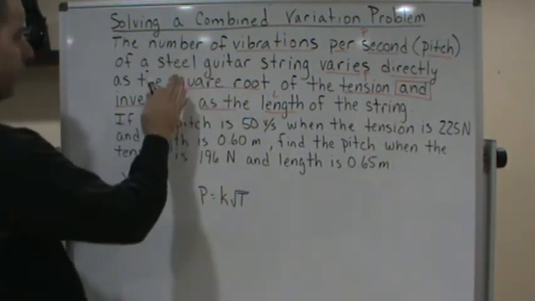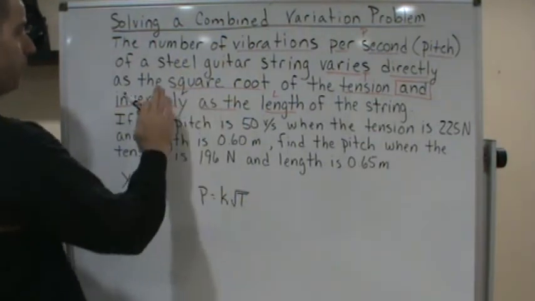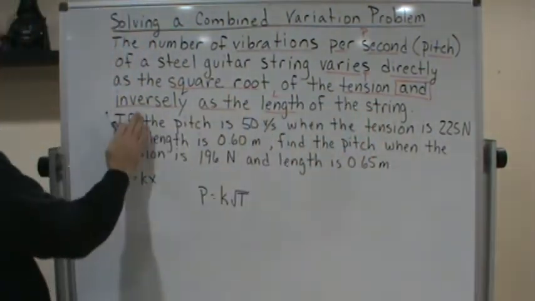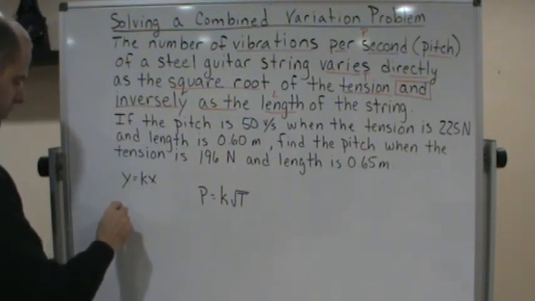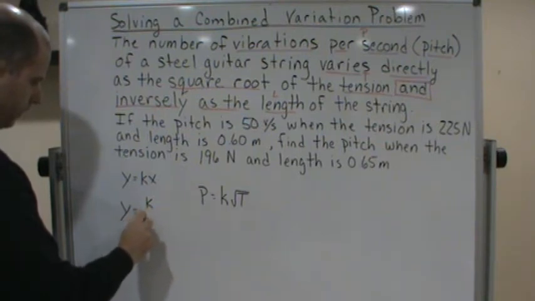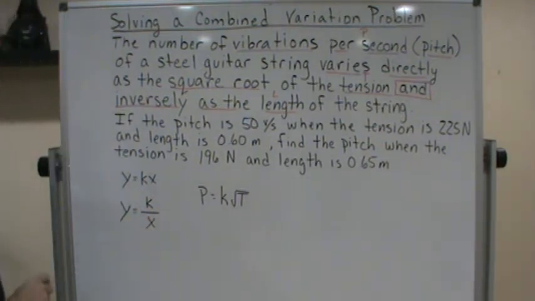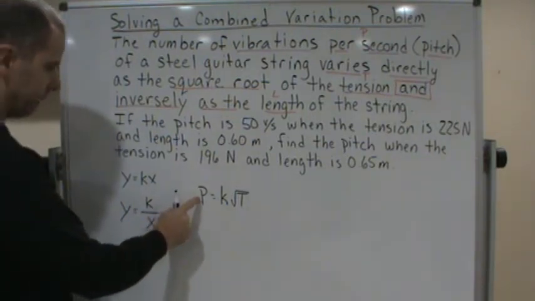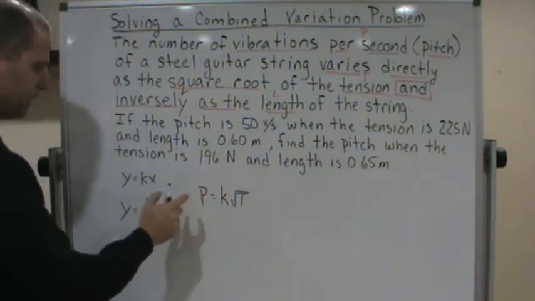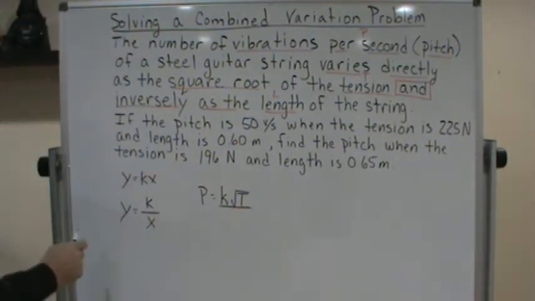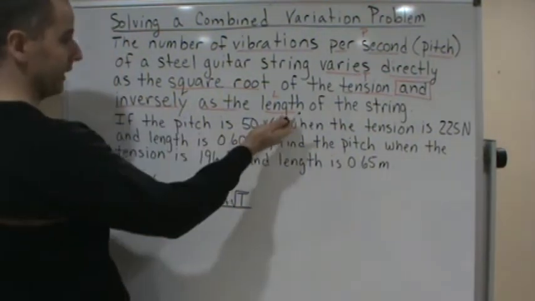Now it also says the pitch varies inversely, so we know it has to have this form. We've already got k here, so P varies inversely means something is going to go on the bottom. What's that going to be? It's going to be the length.